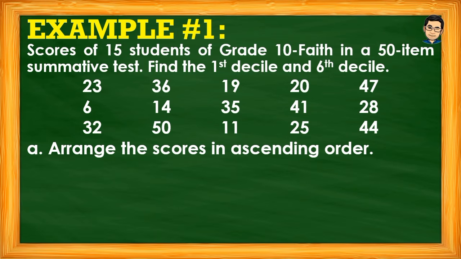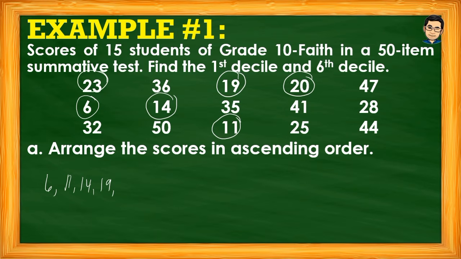It means pataas. So, mag-iumpisa tayo sa pinakamababa, of course, and that is 6. After 6, we have 11, 14, 19. Next naman, line up 2 tayo. We have 20, 23, 25, and 28.